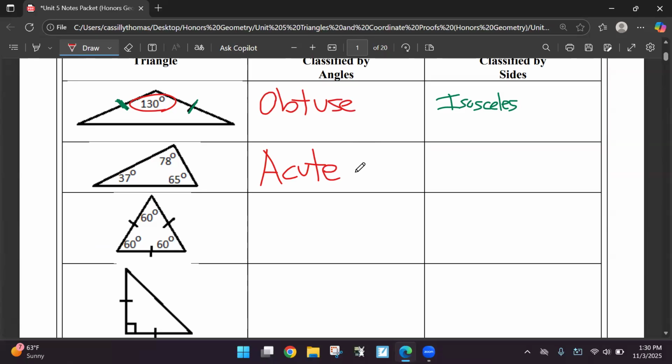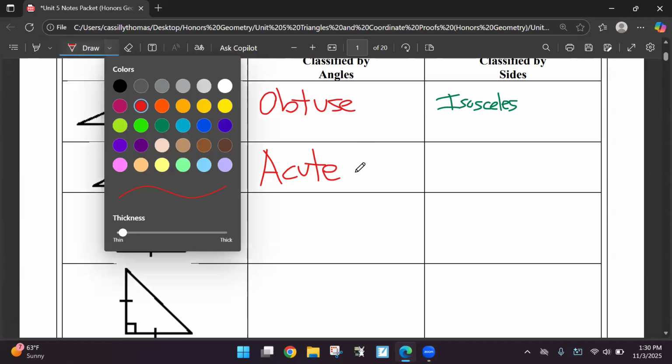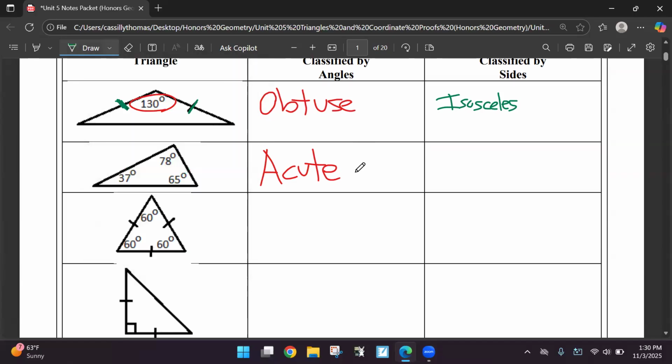Now, there are no tally marks on this picture, so I don't know that any of those side lengths are the same. They could be, but we just do not know for certain. Well, actually, we do. We'll get into that later. But I'm going to go ahead and call this one a scalene. It has three non-congruent sides and all acute angles, so that's an acute scalene triangle.